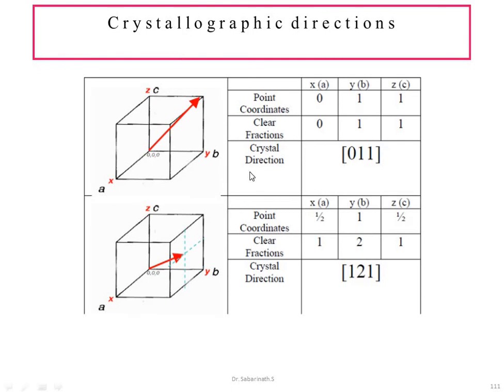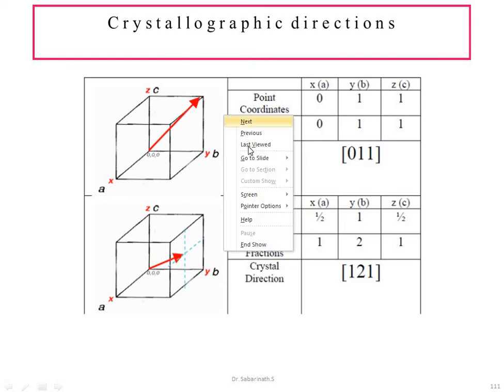Another crystallographic direction is represented as 0, 1, 1. 0 for the x-axis, 1 for the y-axis, and 1 for the z-axis, and the intersection point is taken as 0, 0, 0.